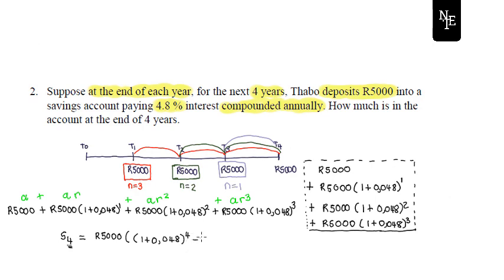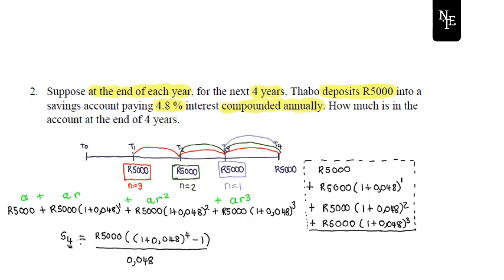So it's 4, minus 1, divided by R, where R is 1 plus 0.048 minus 1. Now you can see that these minus 1's actually cancel each other out. In the denominator, you're just left with your interest. And this is actually equal to the future value formula.